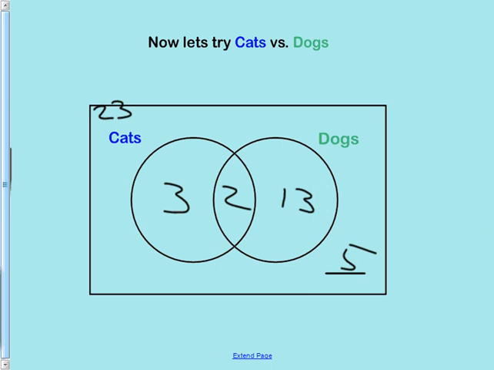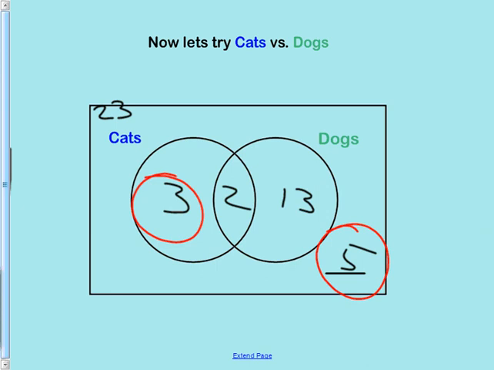Probability I'm going to get somebody that does not have a dog. Talk to the person sitting next to you. All right. These are the people that did not have a dog. And 5 is the one everybody forgets usually. So 5 and 3 makes 8. 8 out of 23. Okay, good.